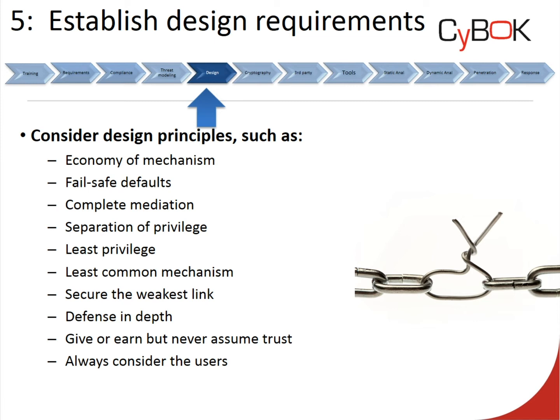Least privilege, every program and every user should operate using the least set of privileges necessary to complete the job, to contain the exposure. Least common mechanism, minimize the amount of mechanisms common to more than one user and depended upon by all users, so you can kind of separate out who gets what and watch for the overlap between them.